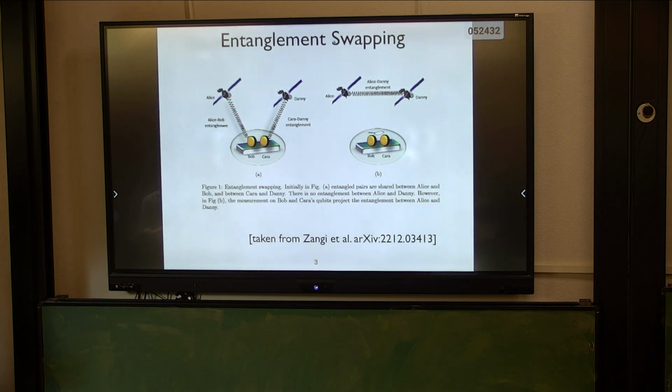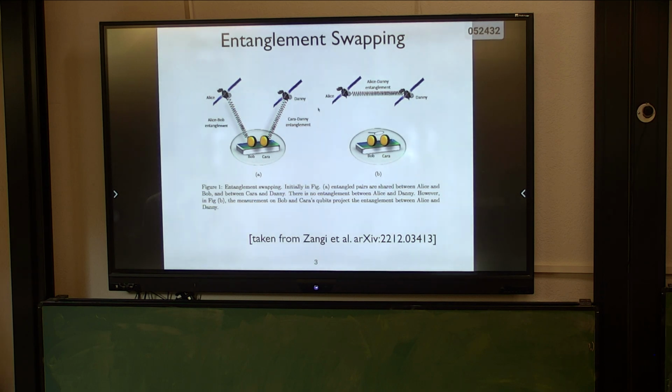I copied this figure from some paper, but the idea is very simple. We have 4 people, and each has a qubit. In the initial state, the qubit of Alice is maximally entangled with the qubit of Bob, and the qubit of Kara is maximally entangled with the qubit of Danny.